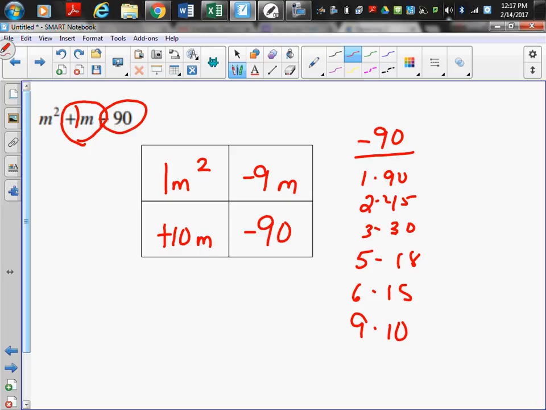Now, so we're gonna factor. The only thing I can factor out here is my m, because that's the only thing they both have in common. This one, they both have a negative 9.